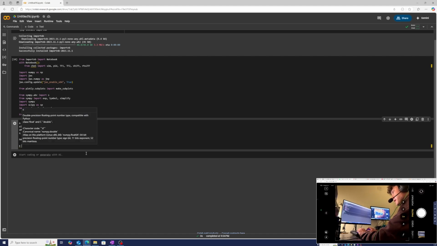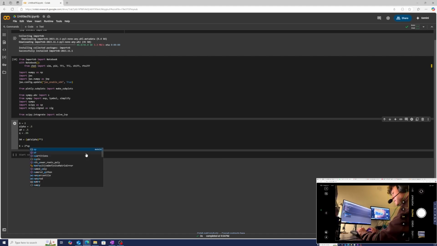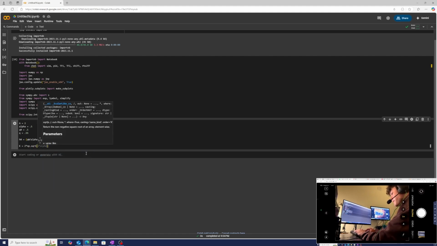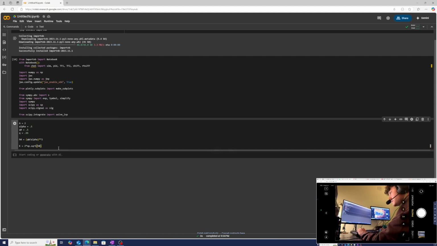We then need our k for our transfer function solution, which is going to be equal to 2 times np dot square root of our h0, divided by our alpha.